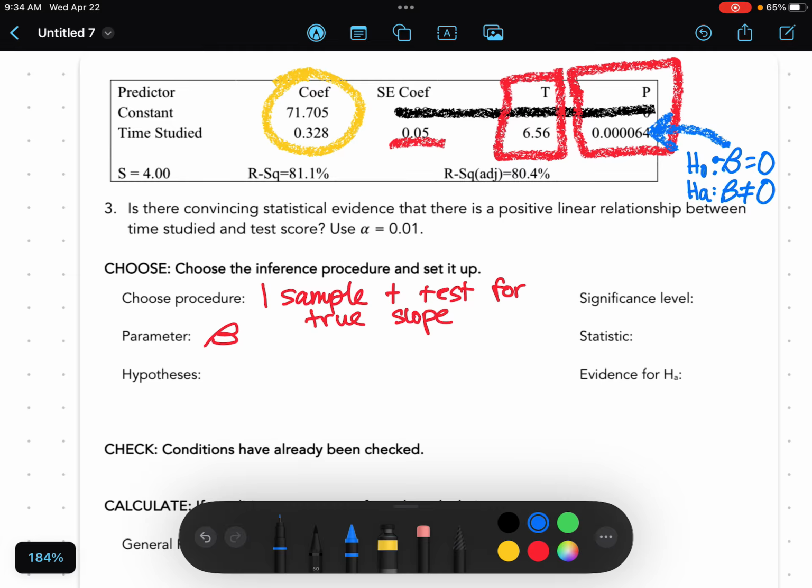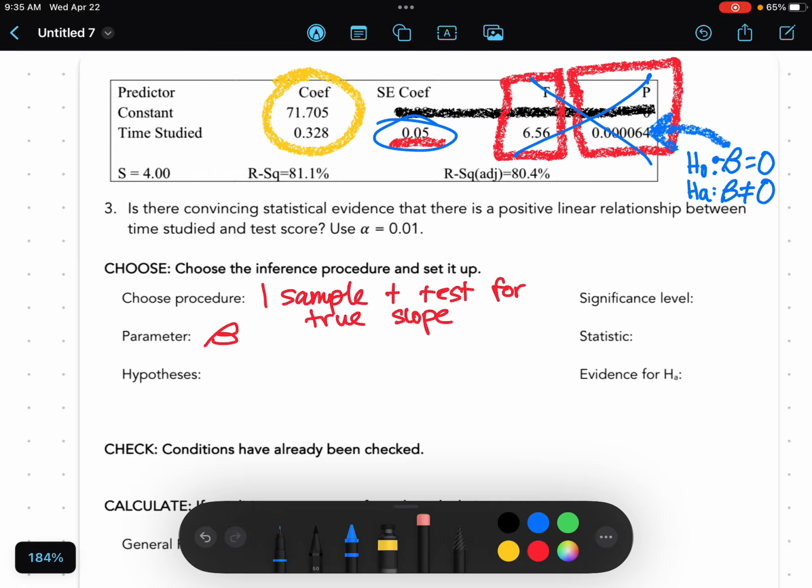We're assuming there's not a linear relationship, and then checking if there is one at all. And that's what our p-value is. So the table, at least, gives us these values based on these hypotheses. If you wanted to do a different one, you'd have to ignore these and just use the standard error, which is fine.